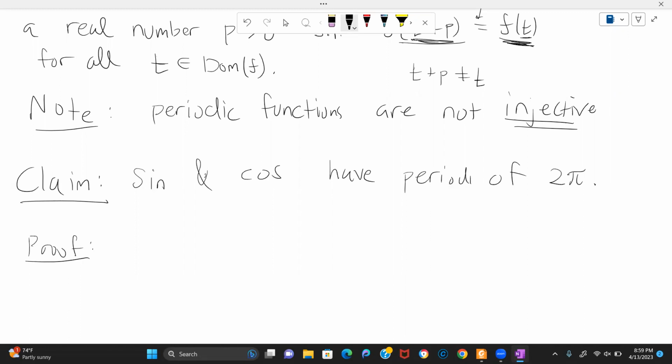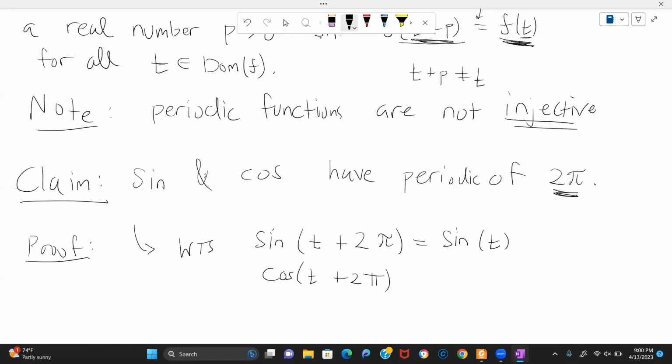What we want to show is that sine of t plus 2 pi is equal to just sine of t, right? That's what it means to be periodic and have the period be 2 pi. And then cosine of t plus 2 pi is equal to cosine of t.